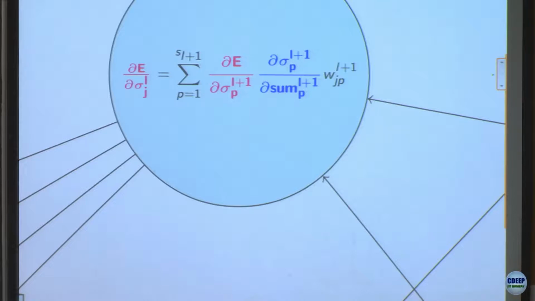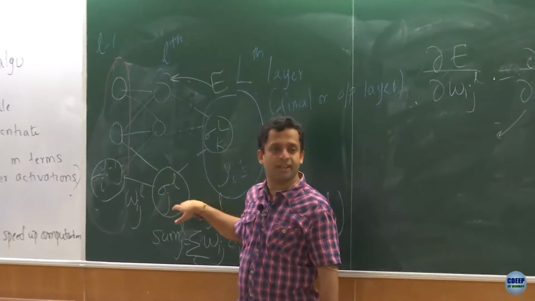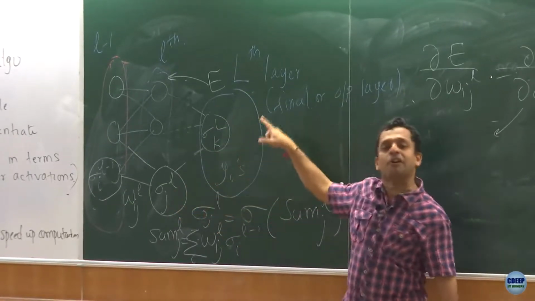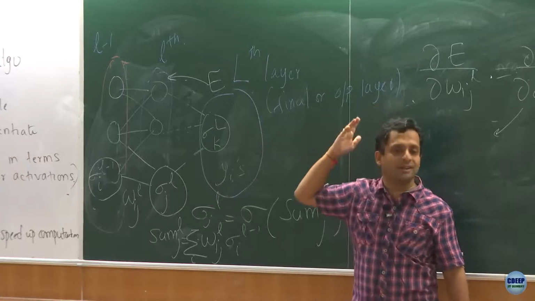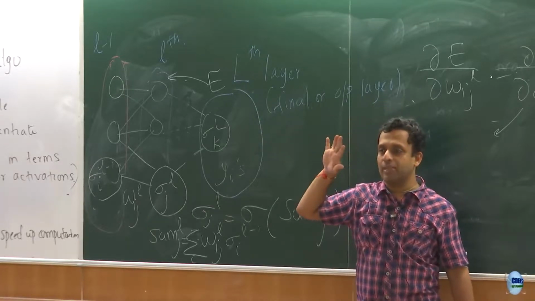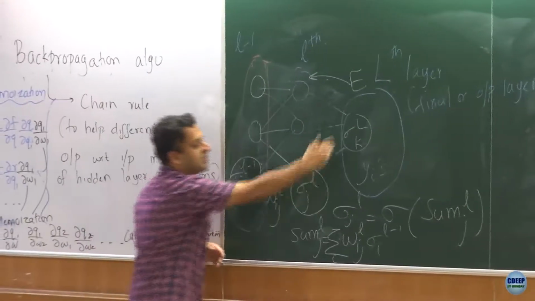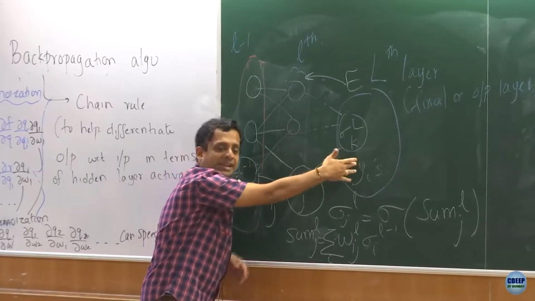There's a question: why is this L plus 1? Should it not be L minus 1? Interesting question. I said that sigma JL depends on the activations in the previous layer. But the derivative of E with respect to sigma JL will depend on how sigma JL fared on the following layers. Just as this guy depends on all the previous layers, the activations in the next layer depend on all these activations.